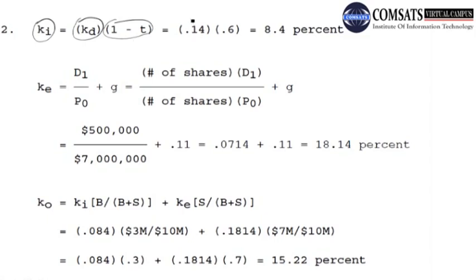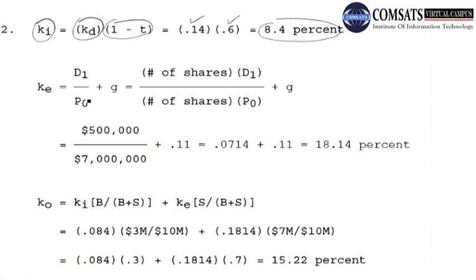So 14% was the return, and then 1 minus 40%, that is 1 minus 0.4, gives us 0.6. So the after tax return would be 8.4%.